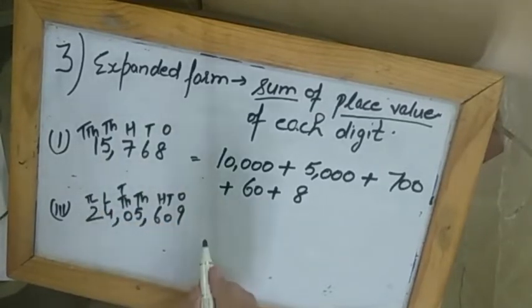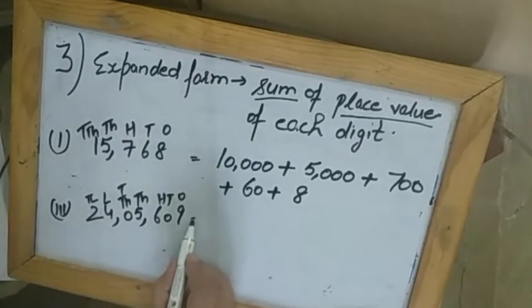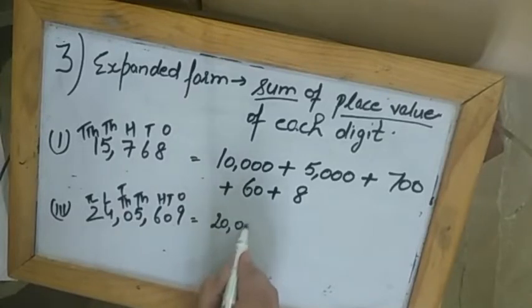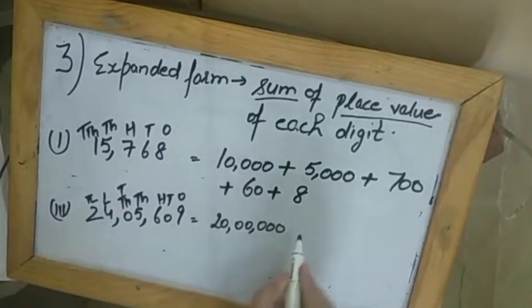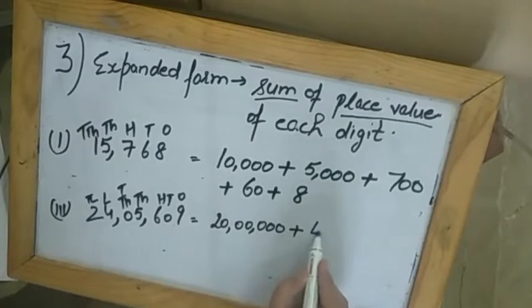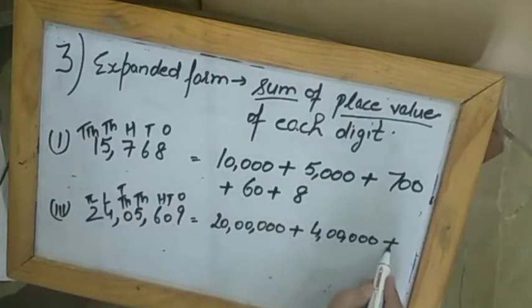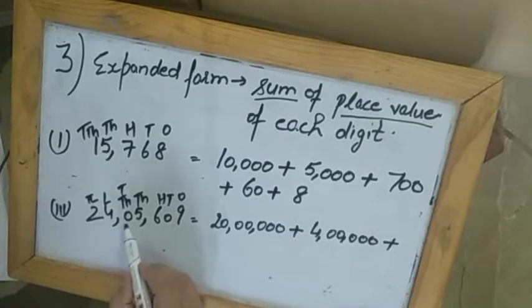So I start from the digit 2 whose place value is 10 lakhs. So 2 10 lakhs means 20 lakhs. So I write 20 lakhs plus 4 lakhs, plus it's 0 10,000, so I'll skip this 0. I'll not write 0, I'll write the next digit.